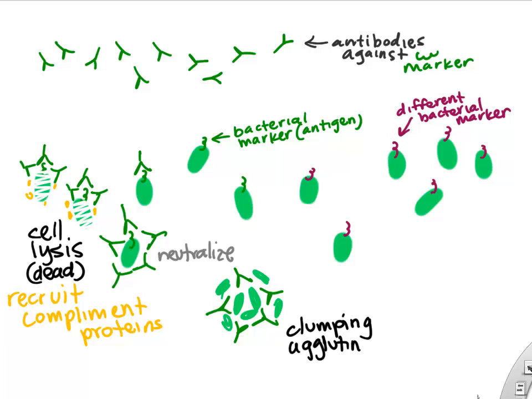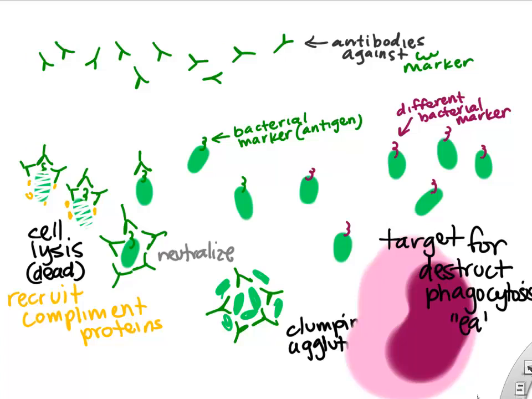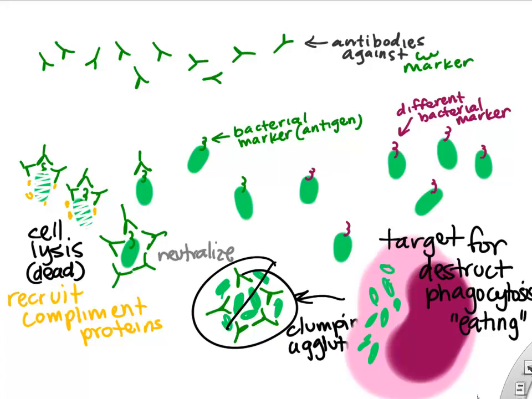Antibodies will also clump up the invader, in this case the bacteria. By clumping them together, it helps the neutrophils and macrophages know what to target and destroy. It also helps in phagocytosis, so that cells like the macrophage can eat those bacteria up and kill them.